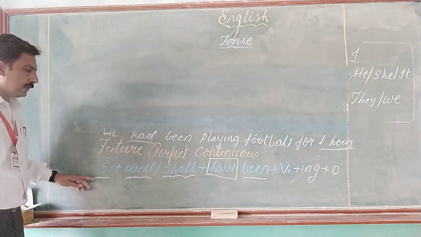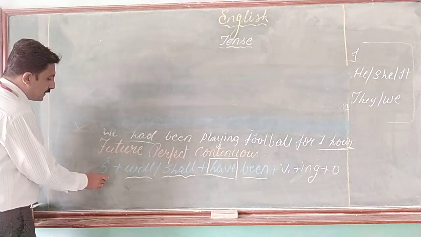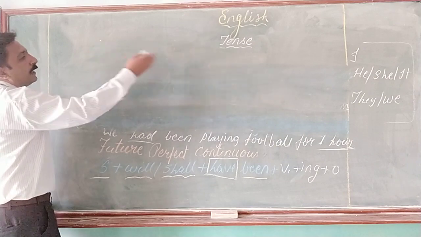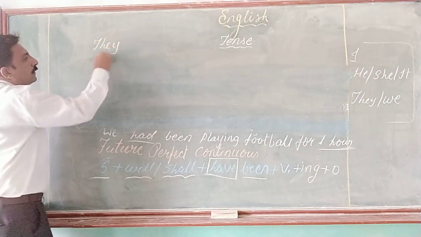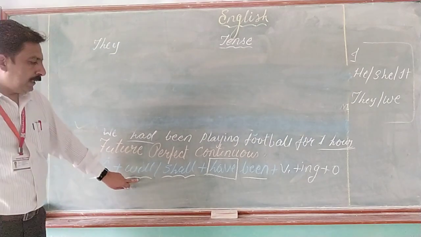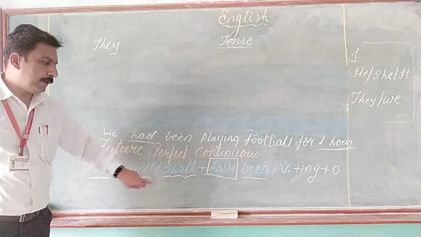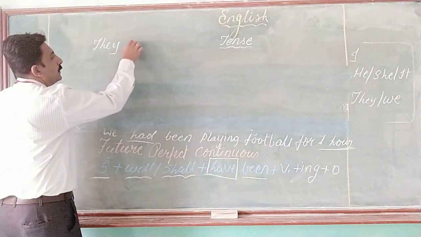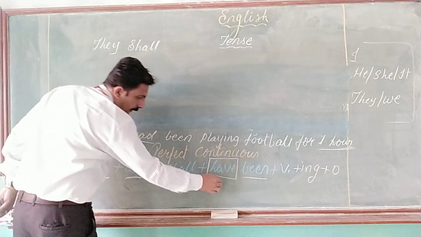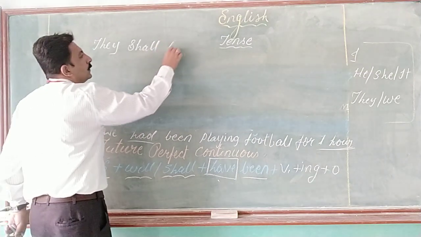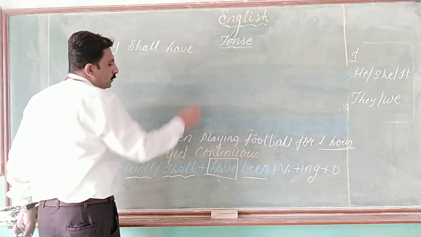So the sentence will be, for example, subject: I can choose any one subject from there, they. Now any one helping verb I can pick from here, they shall. Then the next one is have, they shall have.